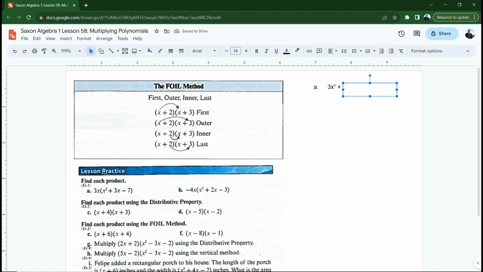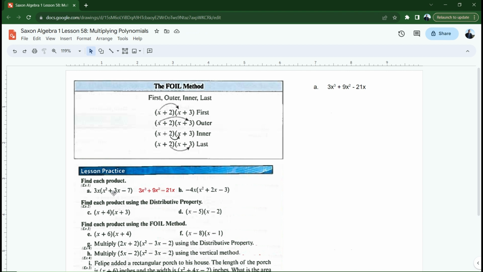So this would be plus, and then 3x times 3x is 9x squared. Bring along the minus sign here. 3x times 7 is 21x. And that is my polynomial. Let's double check our answer. Yes, we got it right. All right, moving on to the next one.